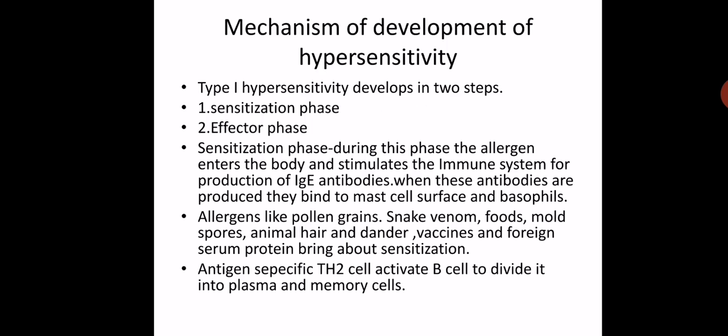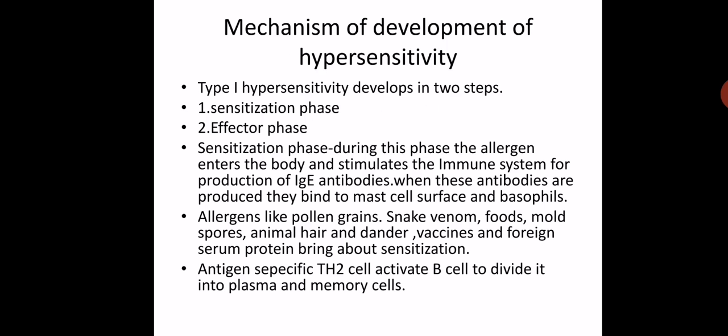During the sensitization phase, the allergen enters the body and stimulates the immune system for the production of IgE antibodies. Firstly the antigen comes in contact with our body, and this antigen stimulates the production of IgE.